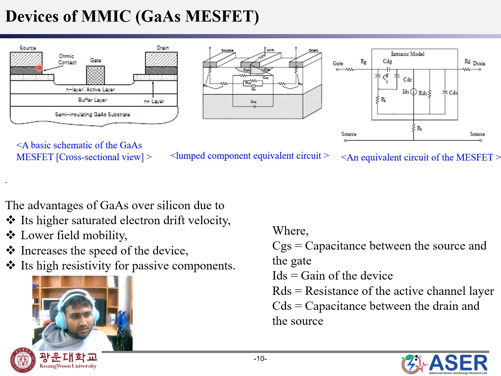The advantage of gallium arsenide over silicon is due to its higher saturated electron drift velocity and higher low-field mobility, which increases the speed of devices, and its high resistivity for passive components.